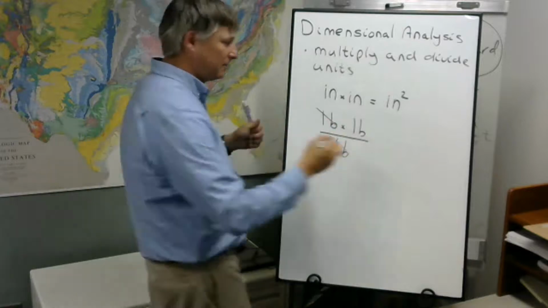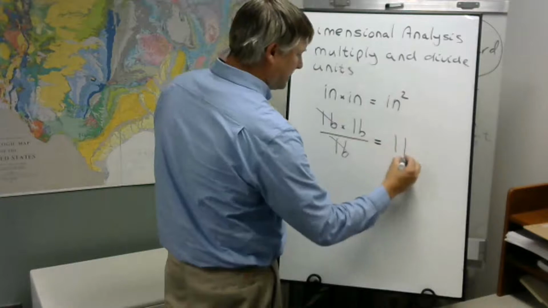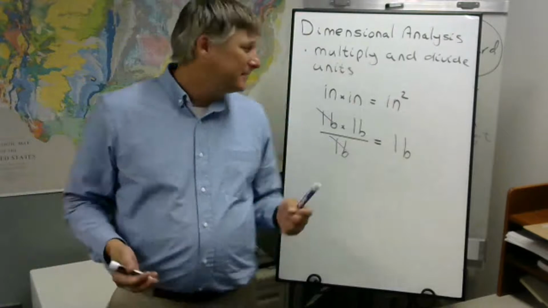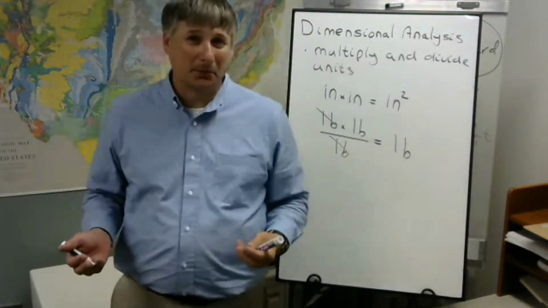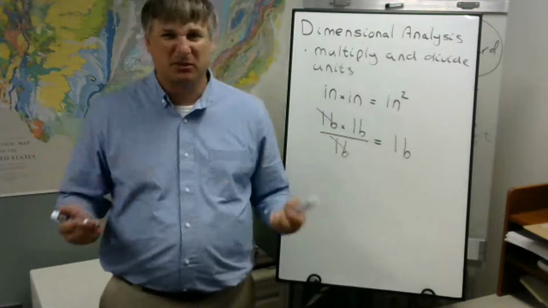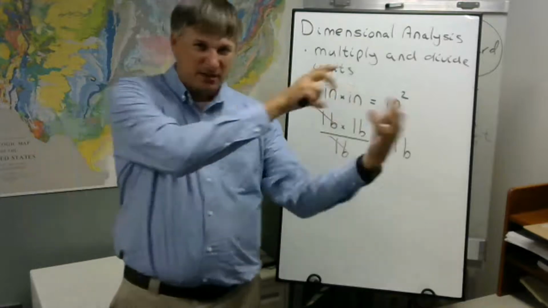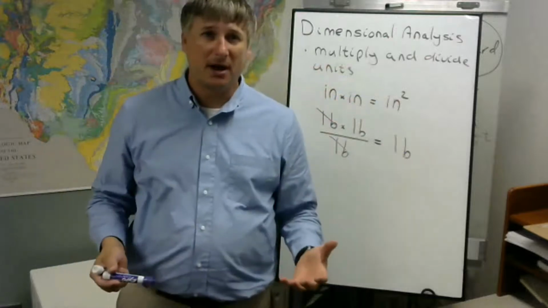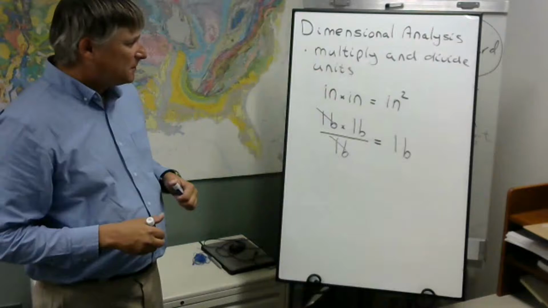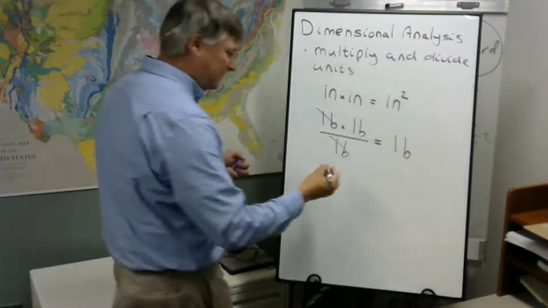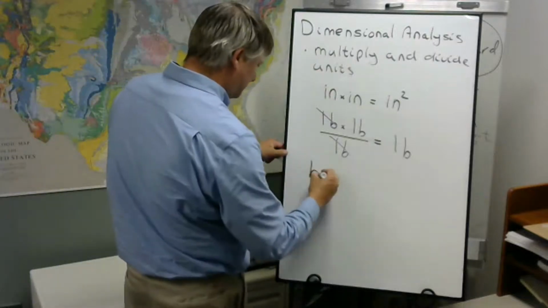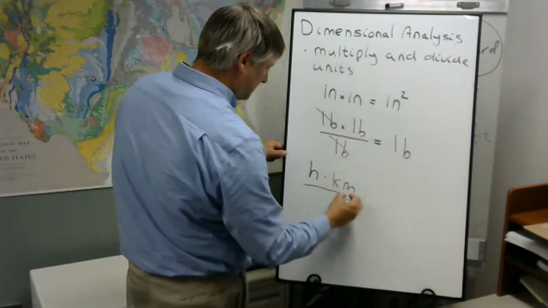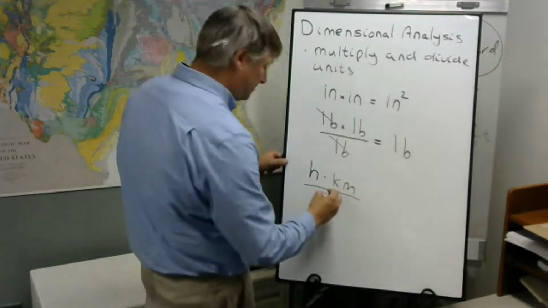Cancel a couple of those, and we'll get pounds. So we can multiply and divide these units like they're numbers. And we do this separately from numbers. So we'll multiply and divide numbers off to the side. We'll multiply and divide units off to the side. So one of the key things, and we're going to see this, we have, say, hours times kilometers over, let's say, pounds.